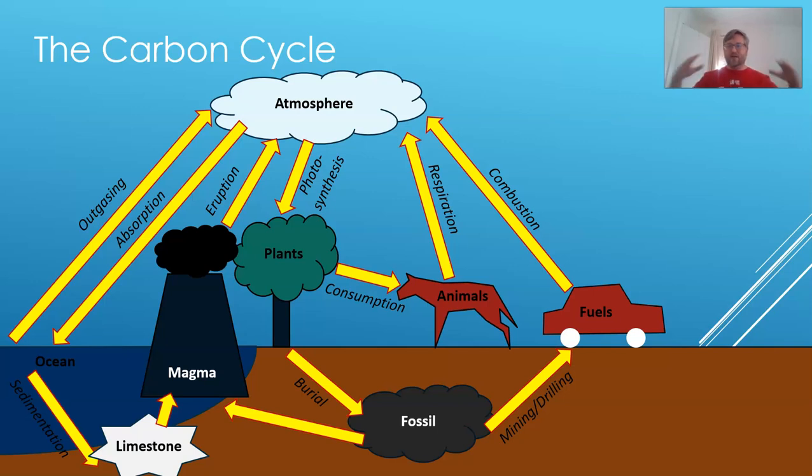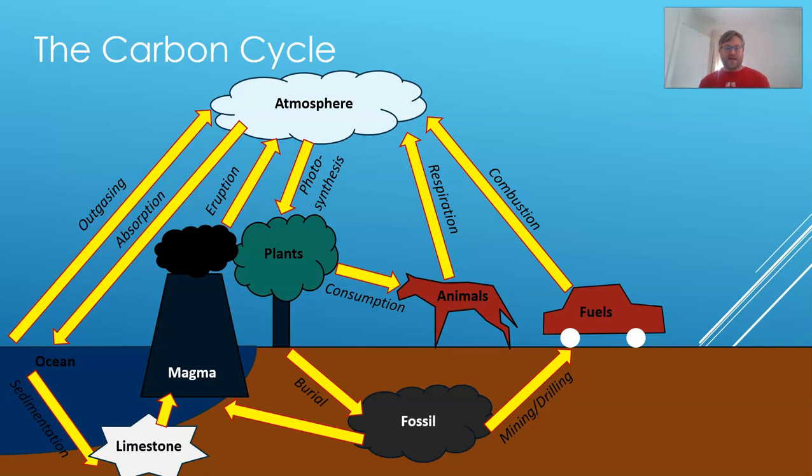And then all of the stuff that builds up on the floor of the ocean gets compressed into rocks such as limestone that now contain a bunch of carbon in them. So that carbon has been moved from the ocean stock into this stock in the geosphere or lithosphere, in a rock form. But then that carbon can get released back into the atmosphere through volcanic activity.